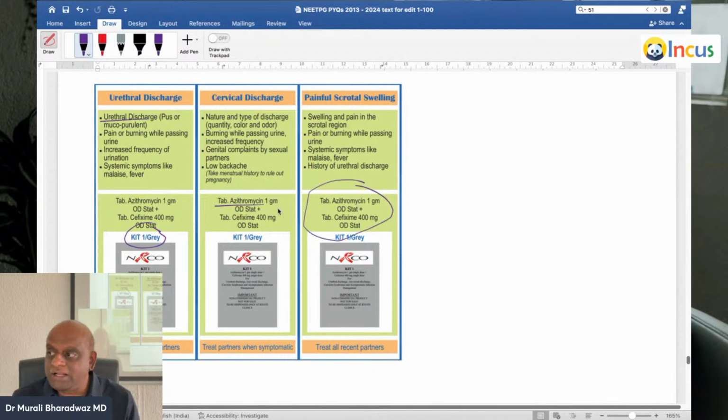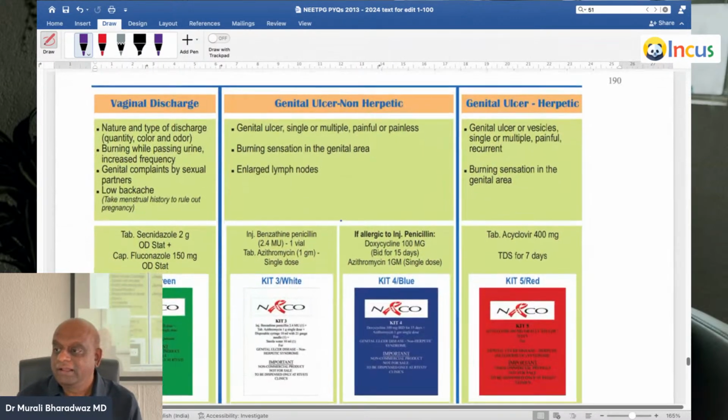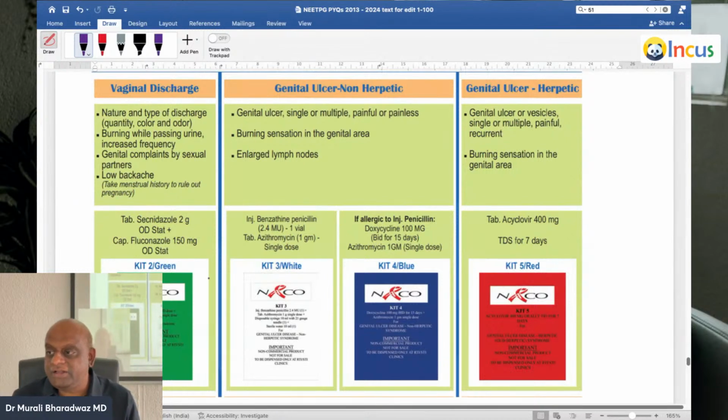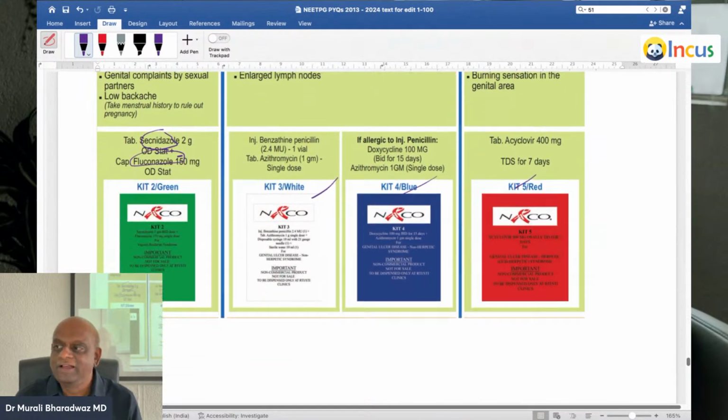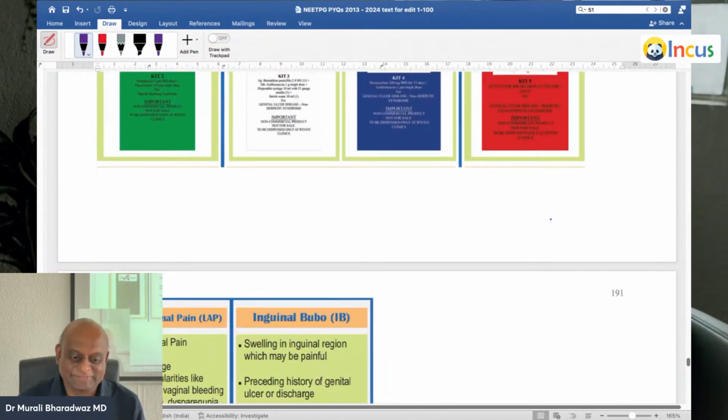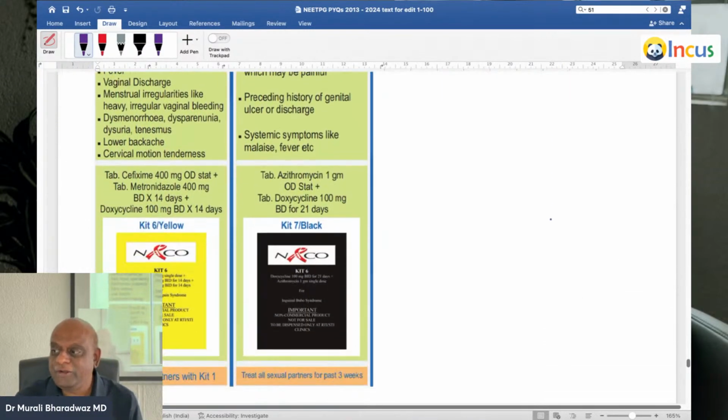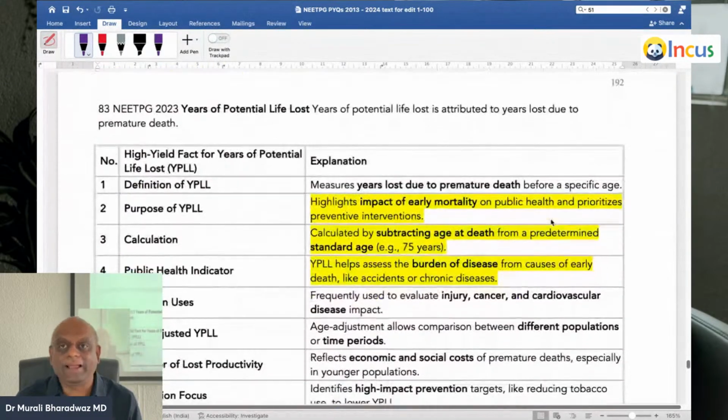Then painful scrotal swelling, azithromycin and cefixime. Then vaginal discharge, secnidazole and fluconazole. Similarly, you have a white kit, blue kit, red kit. I leave the literature for you. Somehow try to remember because these are important in community. Similarly, you have a yellow kit and also a black kit.